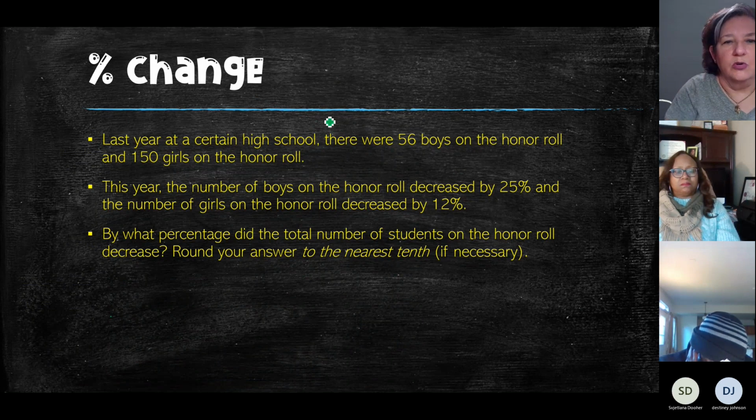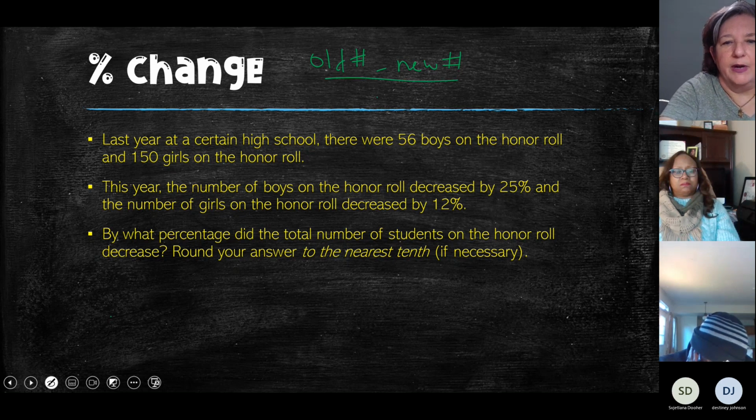So we do old number minus new number, and then we divide that by the old number. Okay, so first thing we have to do is figure out the old number. So it's going to be 150 plus 56.